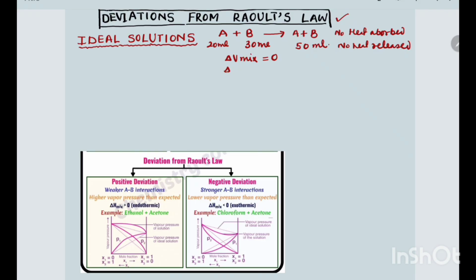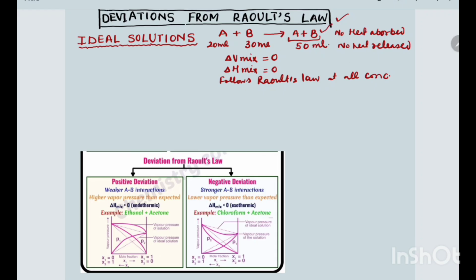If this is the situation, that is delta H mixing is equal to 0, and this solution, which is prepared by mixing A plus B, follows Raoult's law at all concentrations, then we say that this solution is an ideal solution.